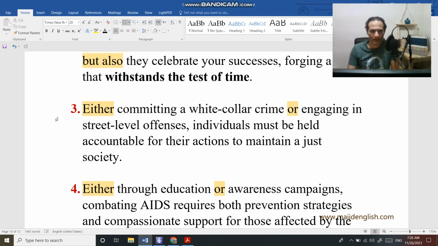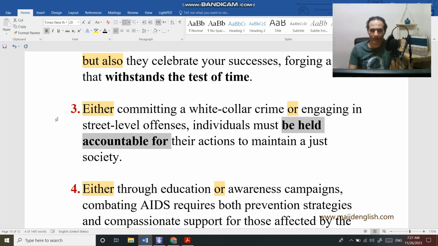Street-level offenses means, for example, fighting or, I don't know, car robbery or something. Individuals: instead of people, you can go with individuals. Must be held accountable for something you do, so be responsible for actions to maintain a just society, a society that is based on justice. Okay? A very beautiful sentence. I liked it.